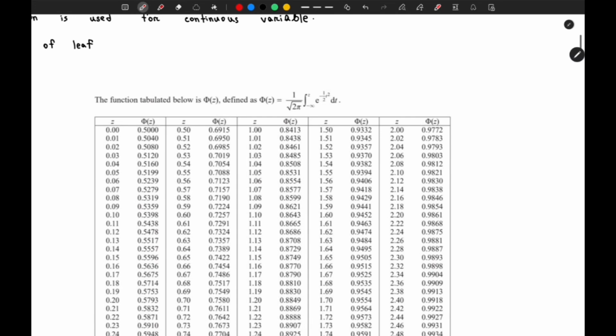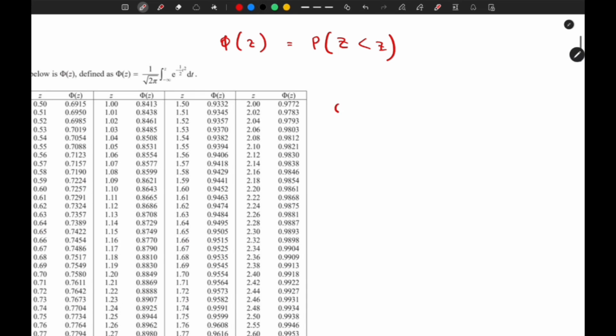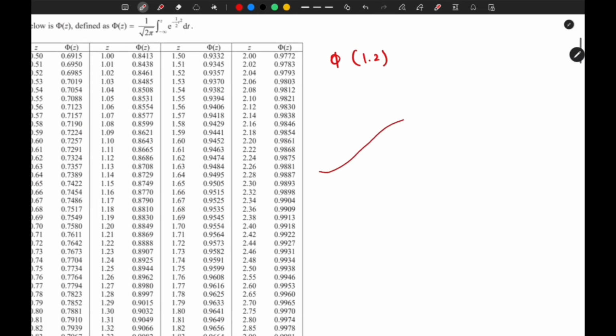Okay, so phi z, this column, actually represents the probability of Z is less than z. So let's say we have phi of 1.2. If you look at the normal distribution curve, let's say that this is 1.2.